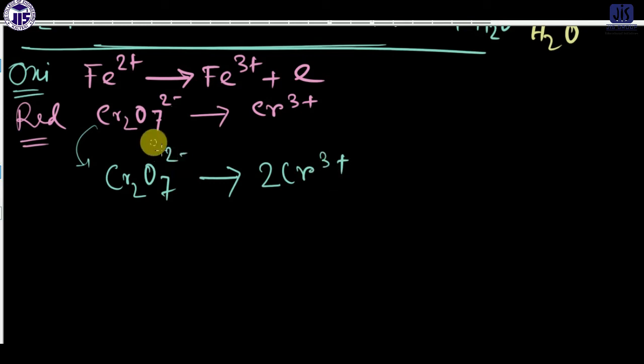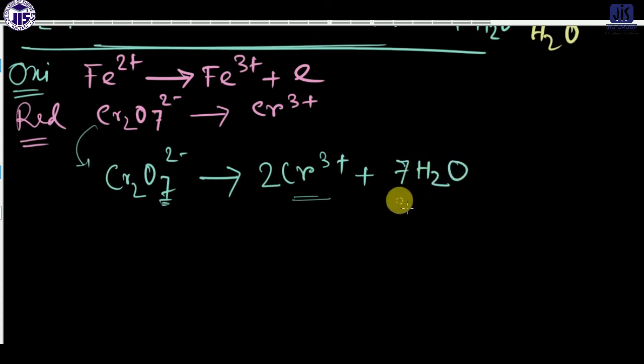Second step: to equalize the number of oxygen atoms on both sides, 7 water molecules are to be added on the right side. If there is oxygen on the left side but none on the right, how do we maintain the oxygen? We add 7 H2O next to the 2 Cr3 plus.